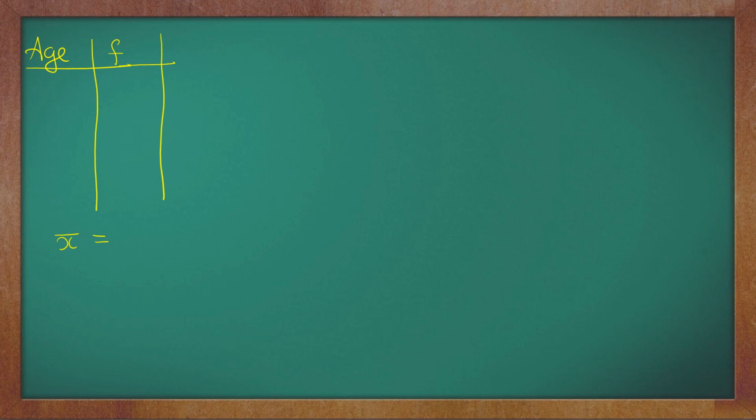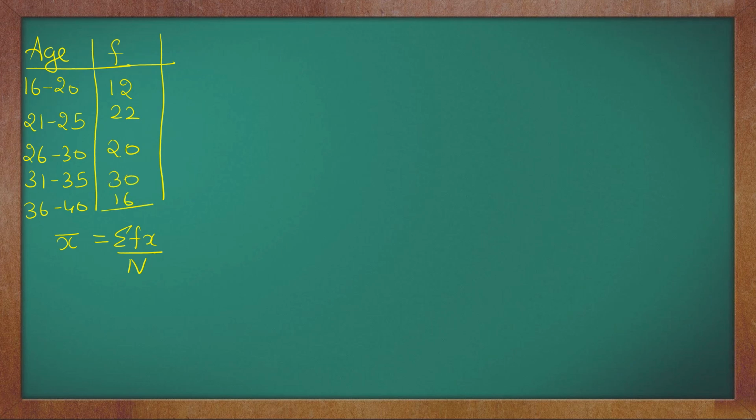We all know it's a continuous series, so x bar is summation f x upon N. The age classes are 16 to 20, 21 to 25, 26 to 30, 31 to 35, 36 to 40. Frequencies are 12, 22, 20, 30, 16. Total is 100.